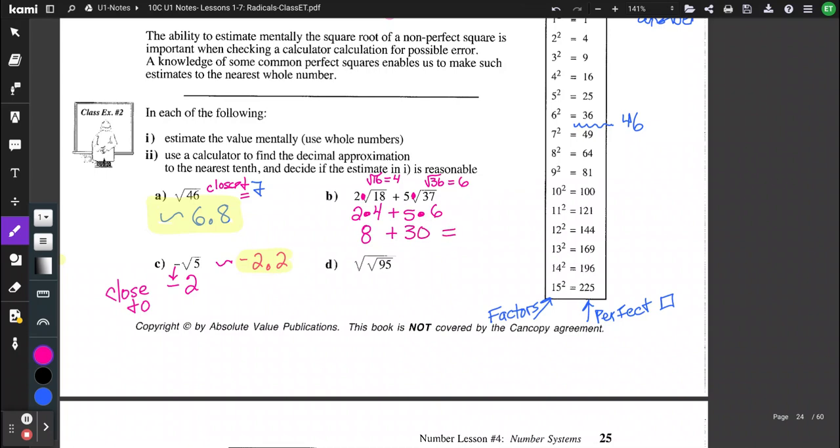So my answer is going to be close to 38. Now if we type it in, you're going to type it in exactly as you see it: 2 square root 18 plus 5 square root 37. I want to see what you get for an answer. Round it to 1 decimal place, please.